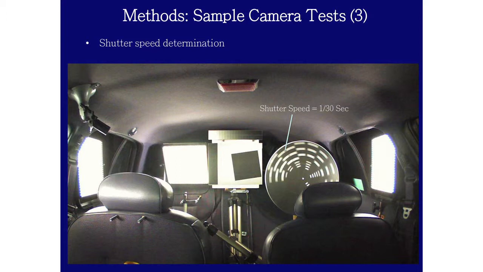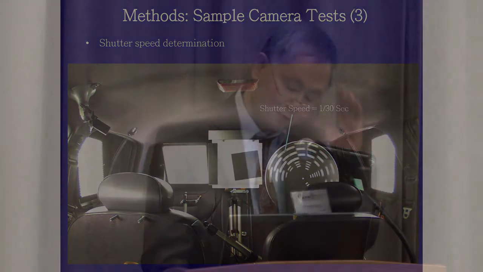If the speed is slower, you see these two blocks invade into another block. So here we can determine this camera shutter speed is 1/30th of a second. These two curves merge, but there's no invasion into the next block. So this is the easier way we can determine the sample camera shutter speed.